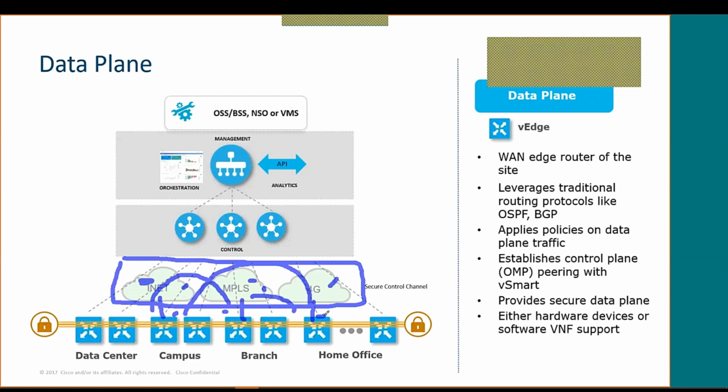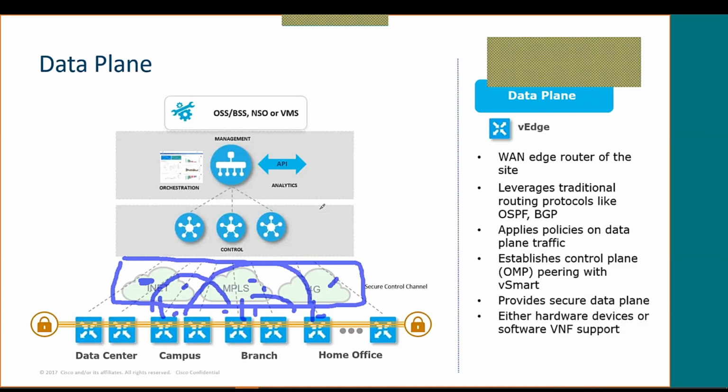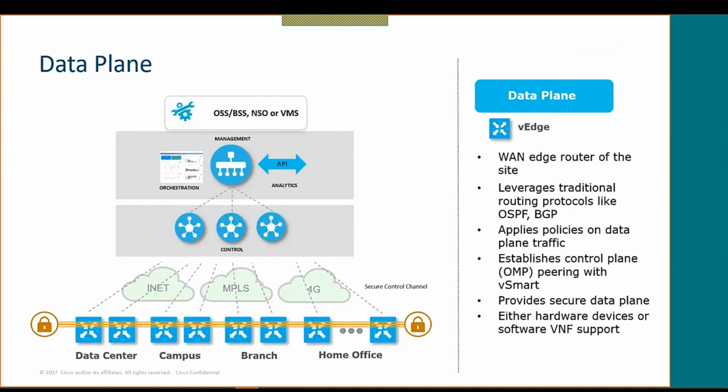WAN edges can form a tunnel from 4G to MPLS and 4G to internet, or vice versa. Any combination, the VPN tunnel can be built. But the transport-provided IP addresses must be reachable, and the dedicated TCP/UDP port numbers must be reachable with each other. So that means if we have two different MPLS providers, we need to do something in order to have this peering between the service providers, right?